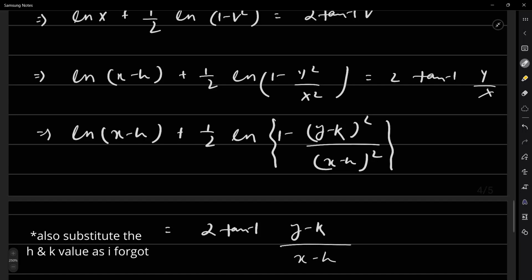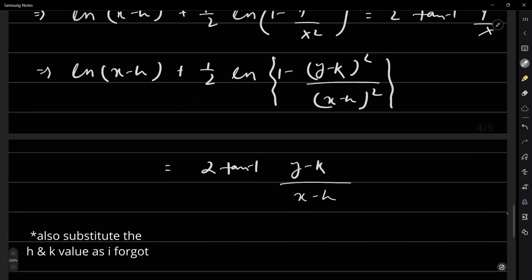So this is the final solution of the differential equation in the homogeneous method. It is a bit long, but it's very easy.